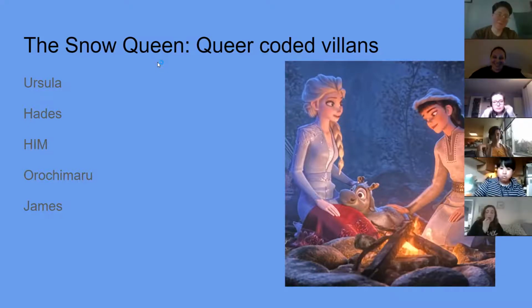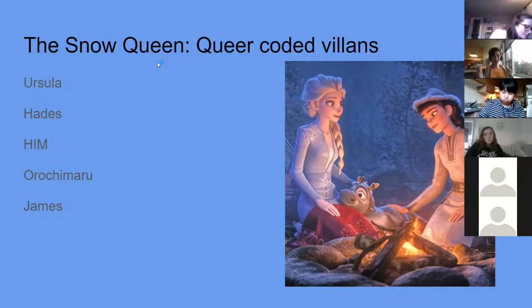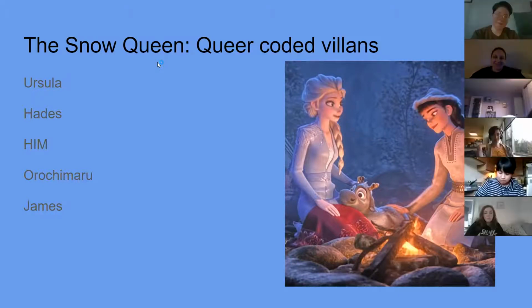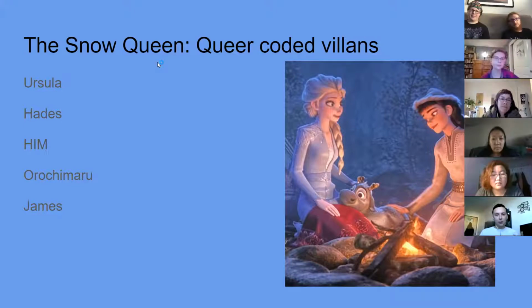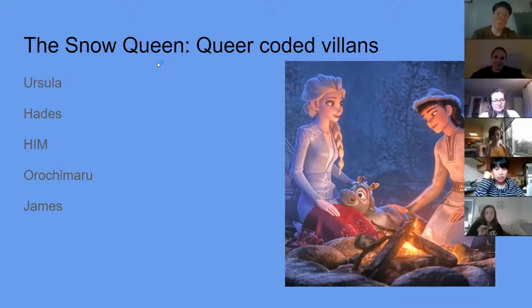But when we're looking at the Snow Queen story, we see a lot of ties to how villains in a lot of stories are very queer coded. If you think back to all the cartoons we saw in our childhood, you have Ursula, Hades, James from Pokemon, all these villains who have these very feminine, masculine, very strong identities that usually don't have anything to do with a love interest.